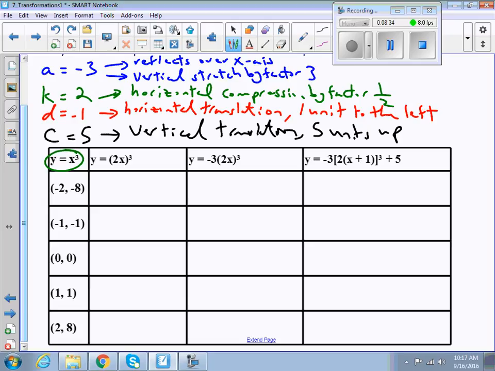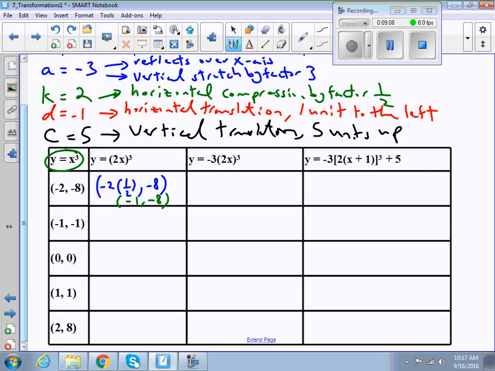So I'm just going to do the horizontal compression by factor of half, meaning that I need to multiply my x-coordinate by half. But my y-coordinate is going to stay the same as before. And -2 times half, that's going to be -1. So my new point would be -1 and -8 by just applying the horizontal compression.